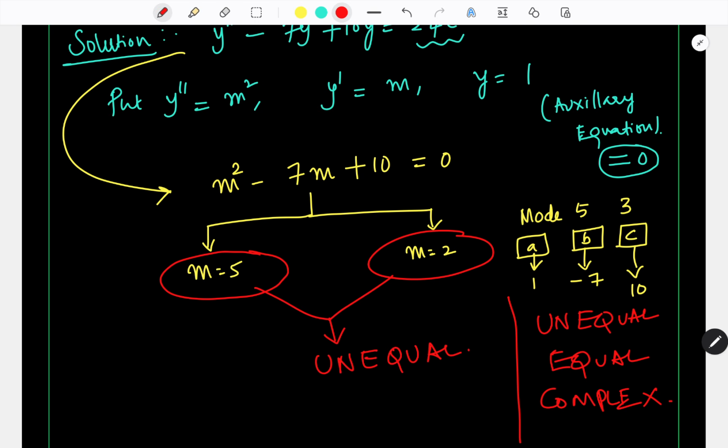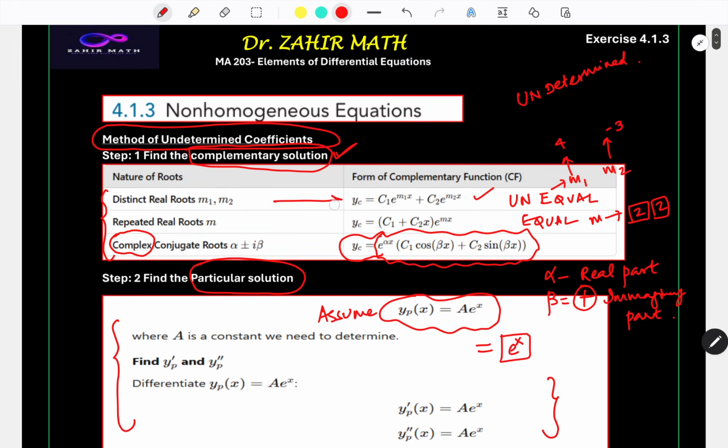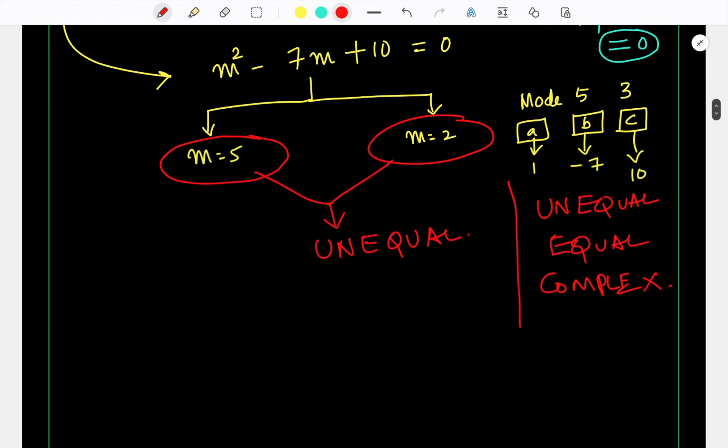When it is unequal roots, what is your solution? The first one you're going to give is y equals c1 e power m1x plus c2 e power m2x.